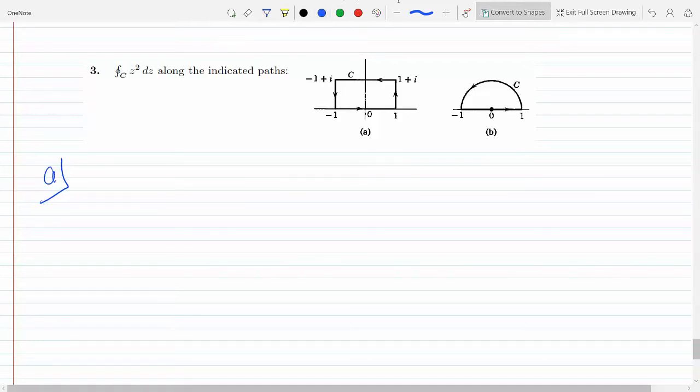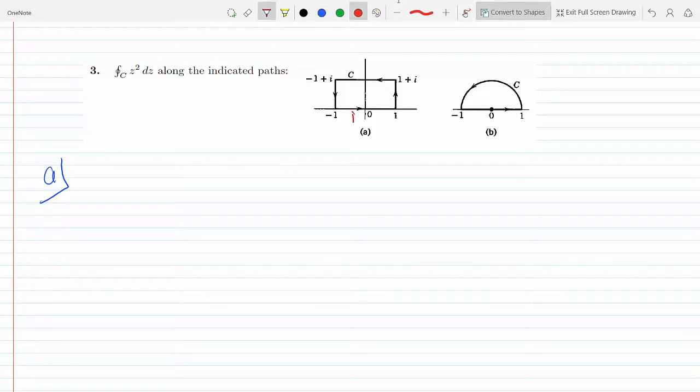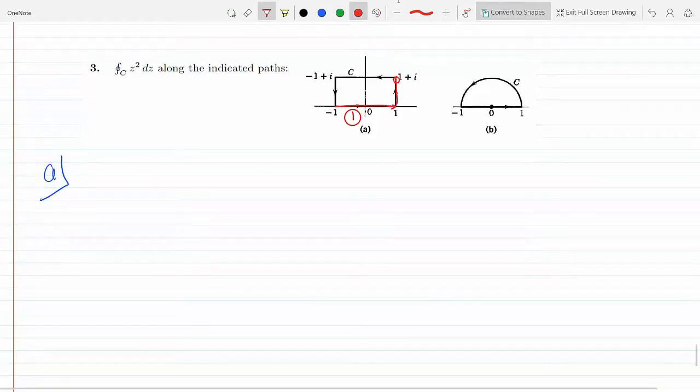So what we could do is we can go over 4 paths. So we can divide this into 4 paths. We could go from -1 to 1. So this is path number 1 here. And then we can go from 1 to 1 plus i, so it's just like any other line integral.